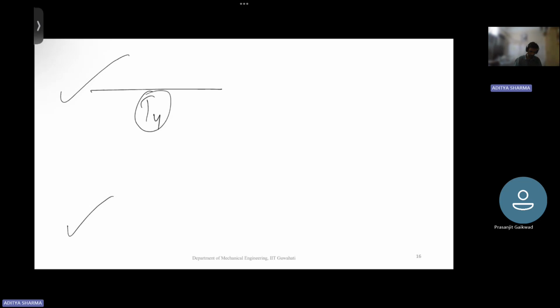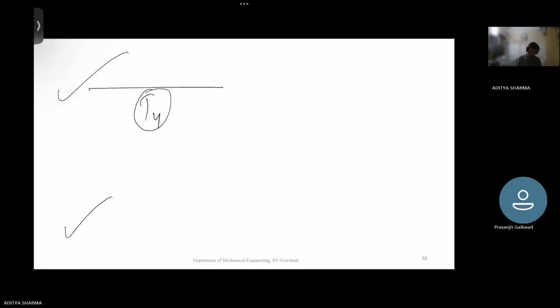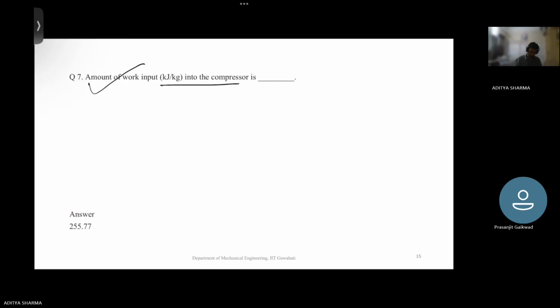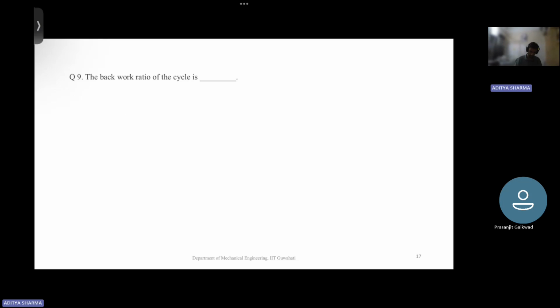Before that, in the previous question, work input WC we found out. For that, we found out T2. Okay. T2, T4 we have, WC we have.